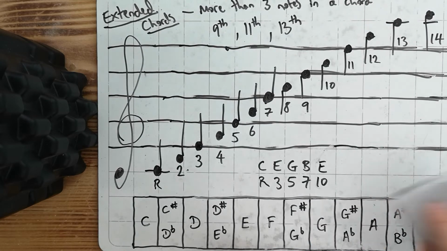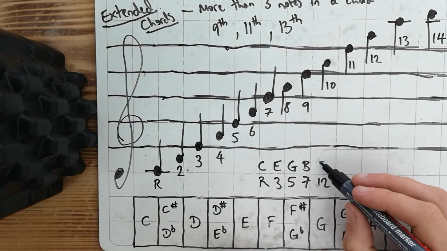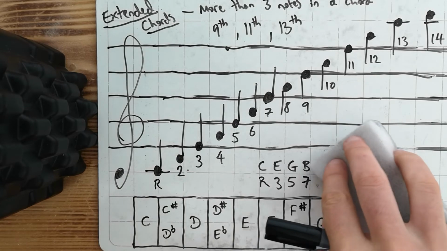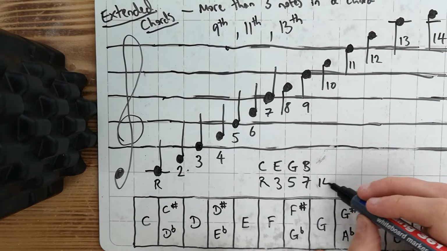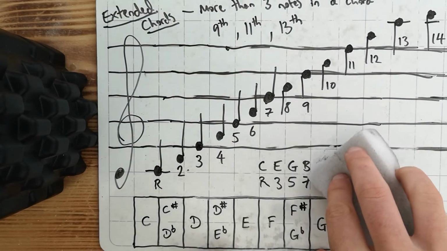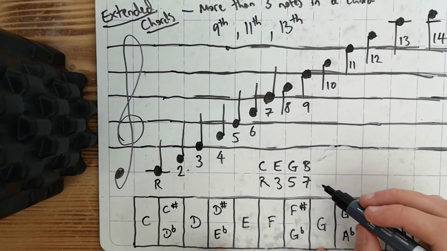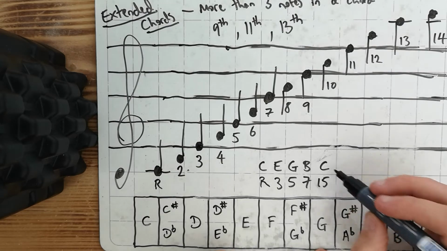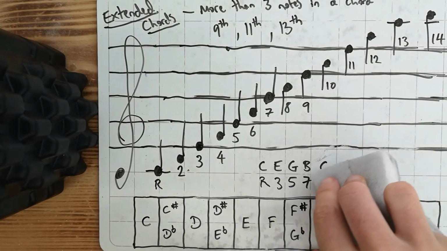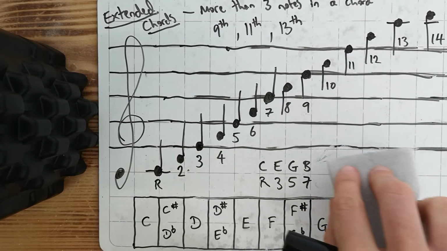Okay, so again, it's not adding anything new to our chord. 12 is G, so it's not really adding anything new. Okay, 14 would be another B. Again, we've already got it, it's not adding anything new. And 15, well, if 14 was B, 15 is C. And just gets us back to the start again. Okay, so we don't really get anything beyond a 13 chord.